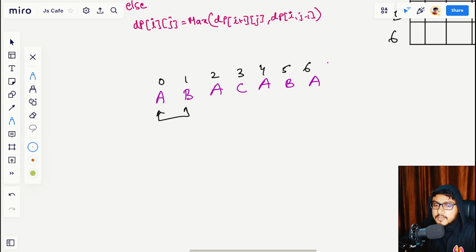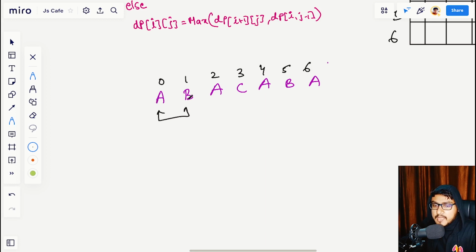So if I ask you what would be the length of the longest palindromic subsequence if we consider two characters at a time, then the answer would depend on whether this A and B are equal. LPS stands for longest palindromic subsequence. If they are equal, the LPS over here would be 2.